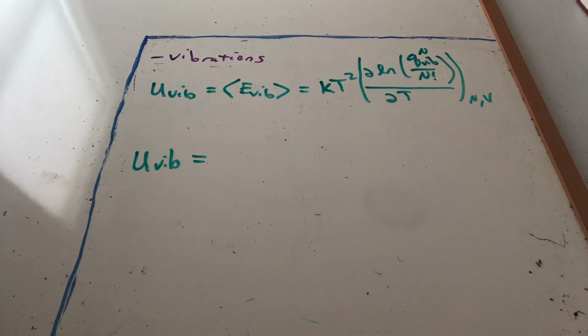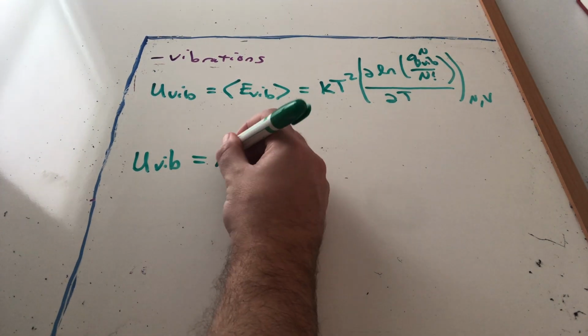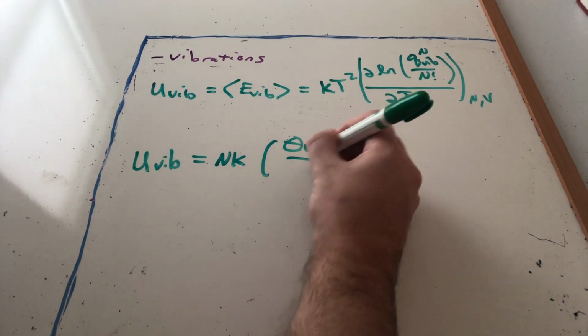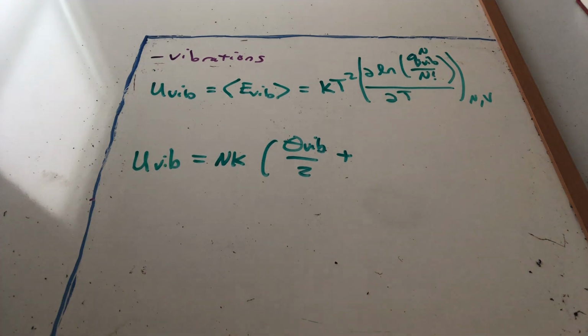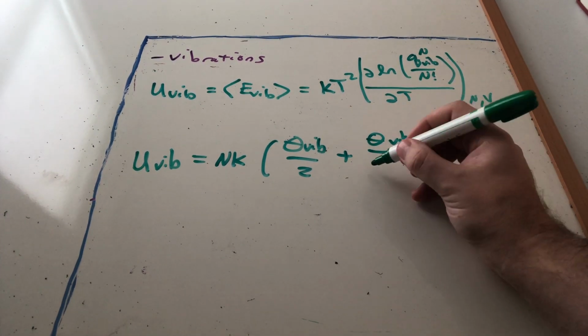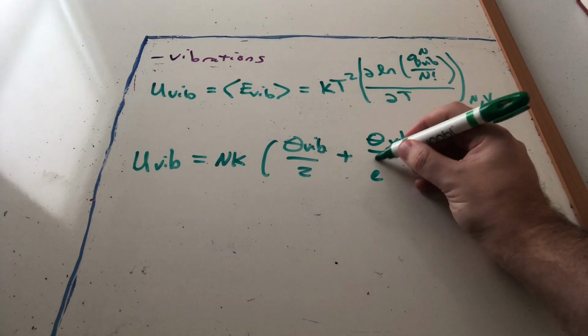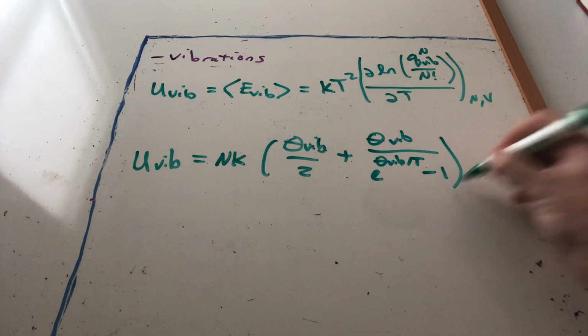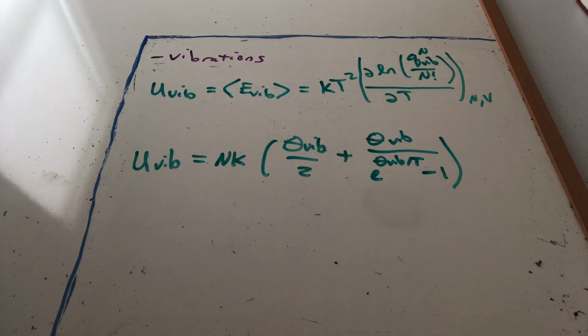What we get for u vibe is n k theta vibe over 2 plus theta vibe over e to the theta vibe over t minus 1. So we get something that's a lot more complicated, and that's why I wanted to show you this.